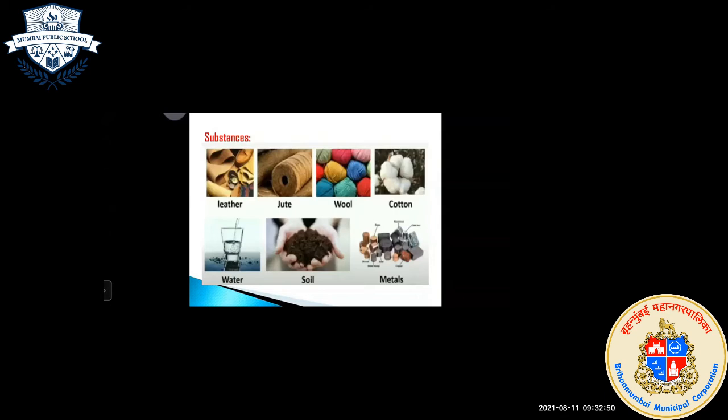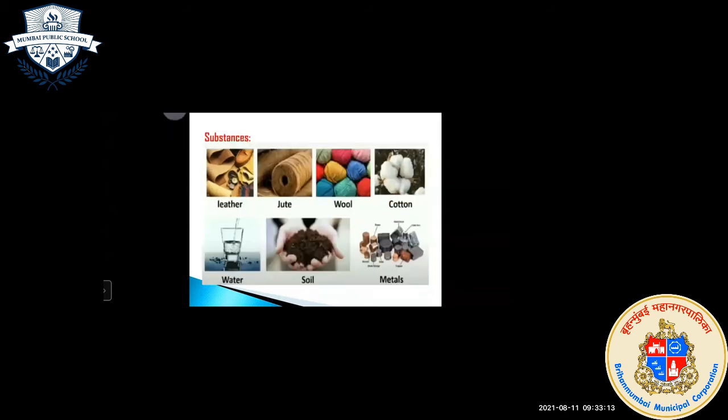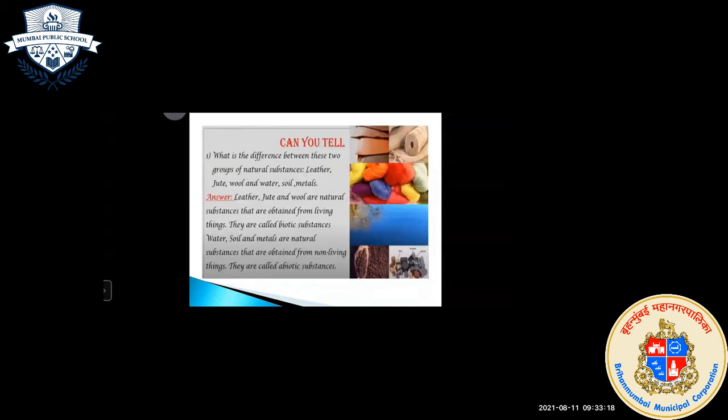Biotic means the substances we are getting from living things, and abiotic means without life, that is the substances we are getting from non-living things, that is abiotic, water, soil and metals. Okay, so see here, what is the difference between these two groups of natural substances?